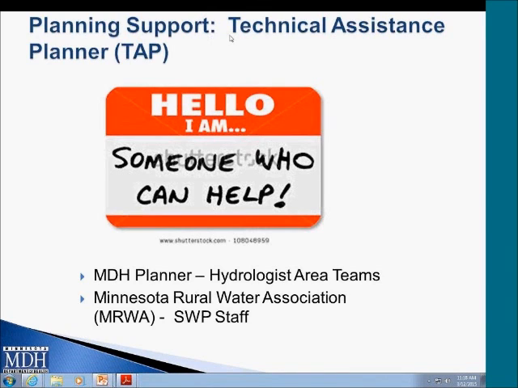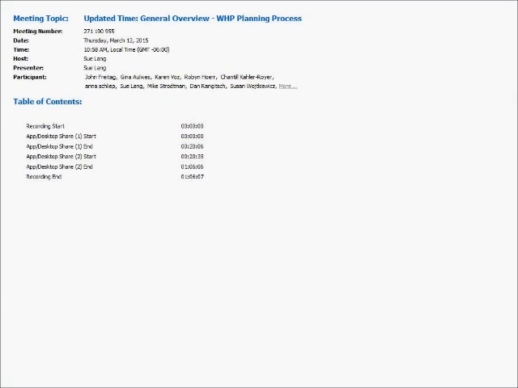And I am trying to get at a couple of maps that were available on the Minnesota Rural Water website to show you. This is a map showing the state of Minnesota that MDH, we've divided the state into 7 geographic areas, and Planner and Hydros work as a team across these areas.